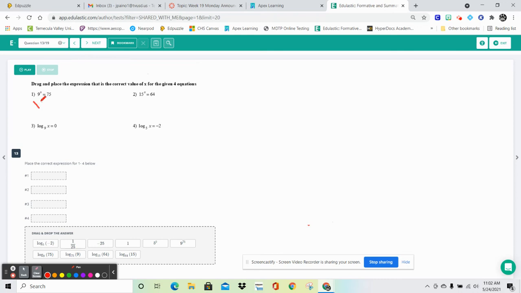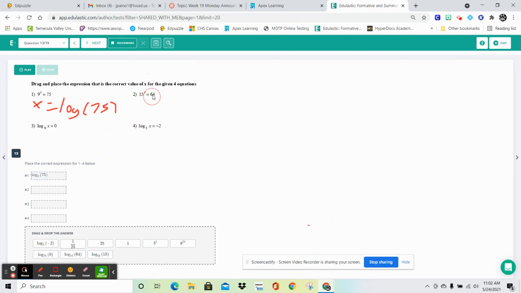So x equals log base 9 of 75. Just rewriting it. X is by itself, and so that's what we're going to grab. It's one of our choices. Now, if it said round to the nearest 10,000th, we just type that into our calculator and round.